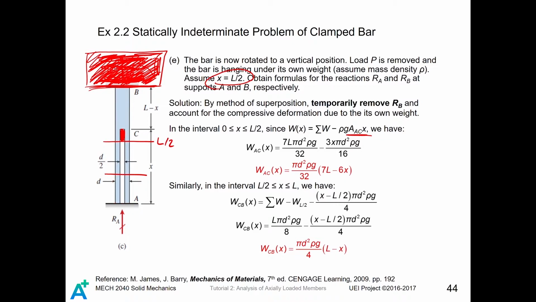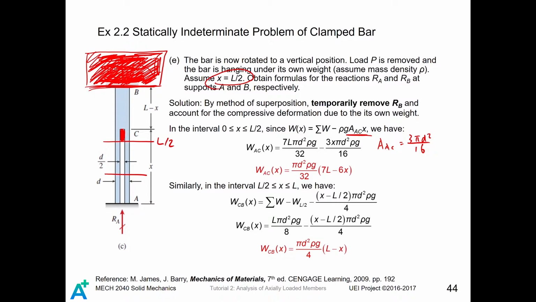Recall that the cross-sectional area for section AC would be 3 pi d squared divided by 16. Therefore, the compressive load caused by the weight in segment AC expressed in x is given by the total weight of this bar minus rho g times the cross-sectional area times x. So we can treat this part as the volume of material which is below the level of x, and the volume times rho g will be the weight of material below this level.